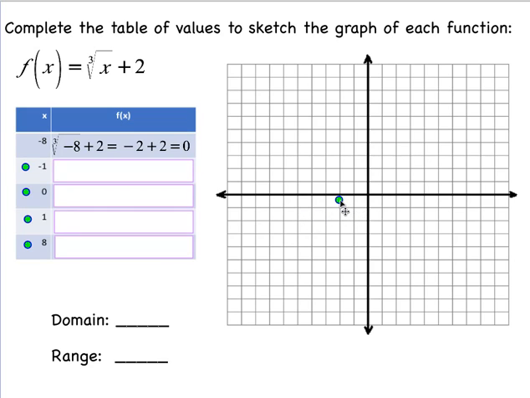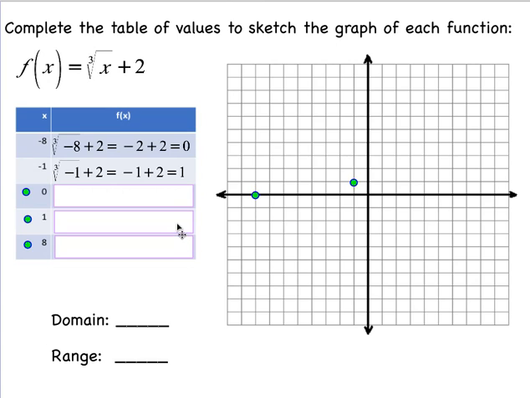So 1, 2, 3, 4, 5, 6, 7, 8 units to the left, and 0 on the y. How about the cube root of -1 plus 2? Well, -1 plus 2 is equal to 1. So when x is equal to -1, I'm going to be up at 1.